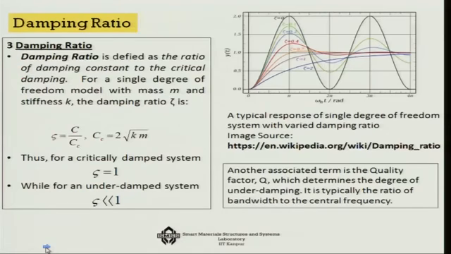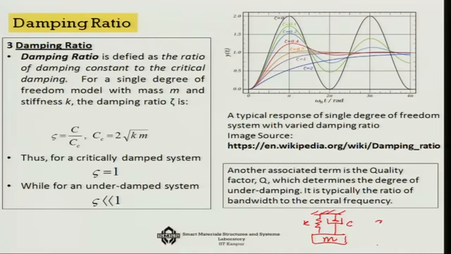Now, how are material properties related to it? Okay. One important thing here is the damping ratio, which is basically the ratio of damping constant to the critical damping of a system. Suppose we consider a single degree of freedom system, something like, if we can draw it, a stiff spring here, a damper or a dashpot here, and a mass M. Okay.